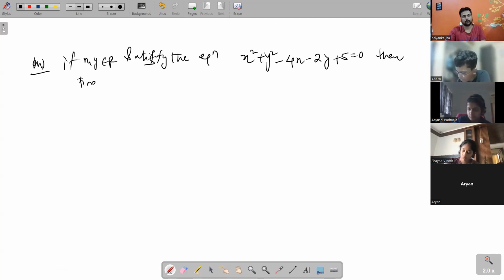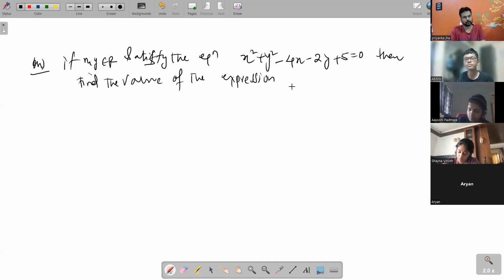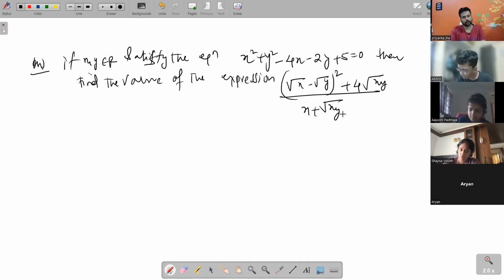Then find the value of the expression (root x minus root y) whole square plus 4 times under root xy, upon x plus root xy. Try.